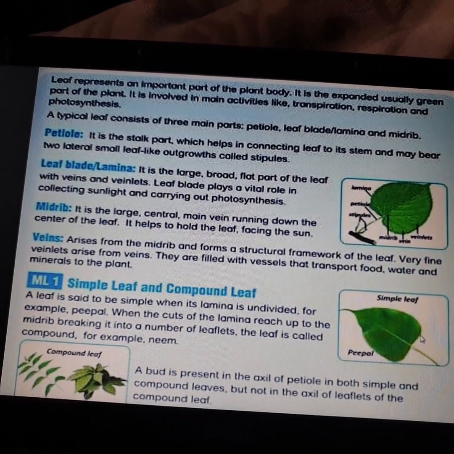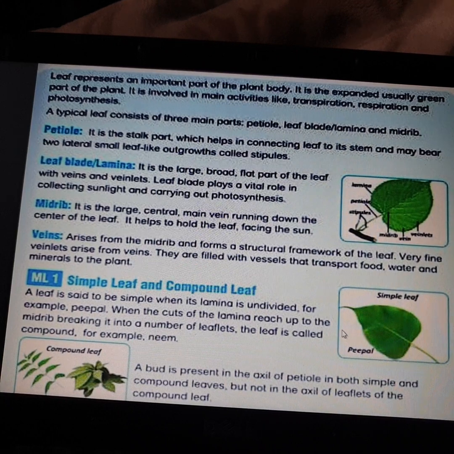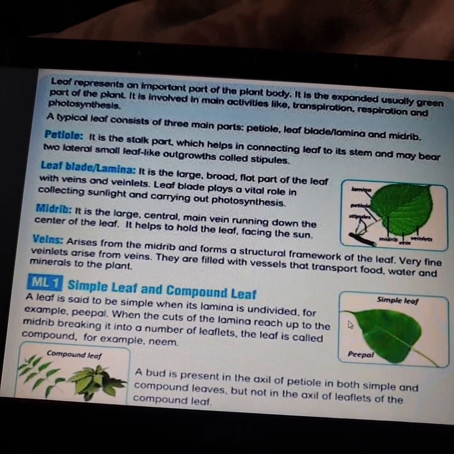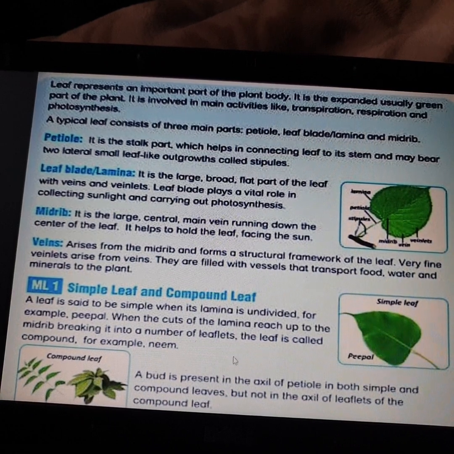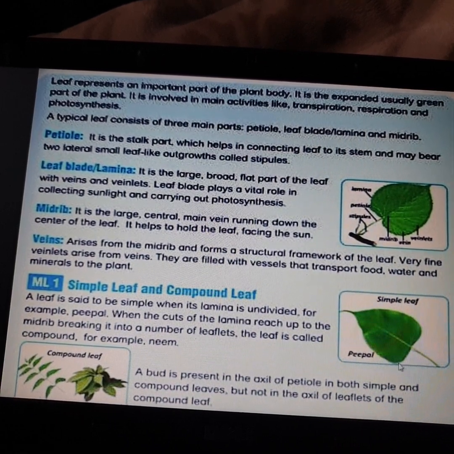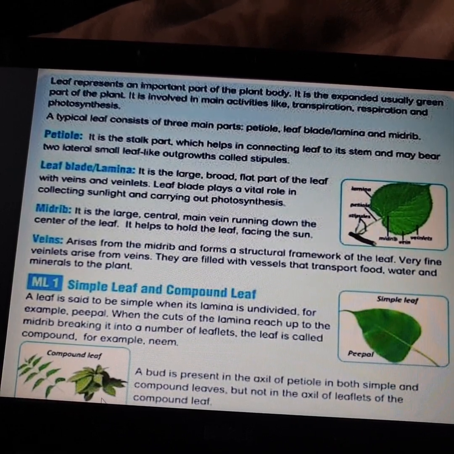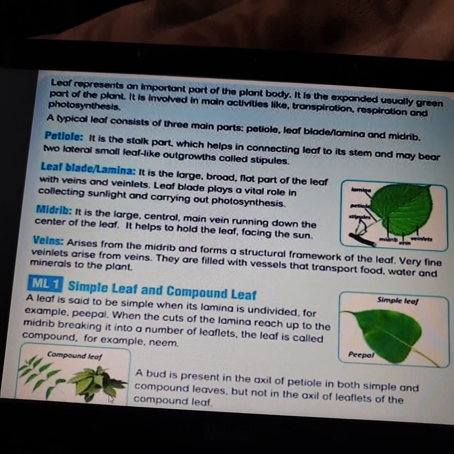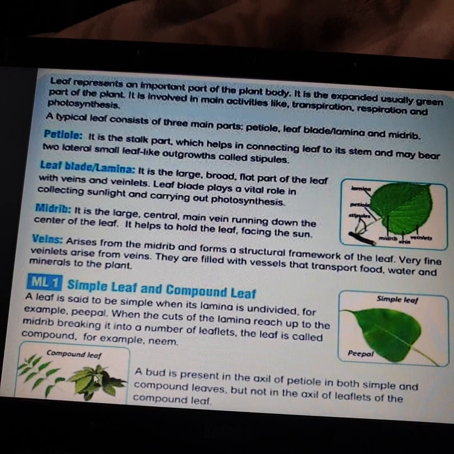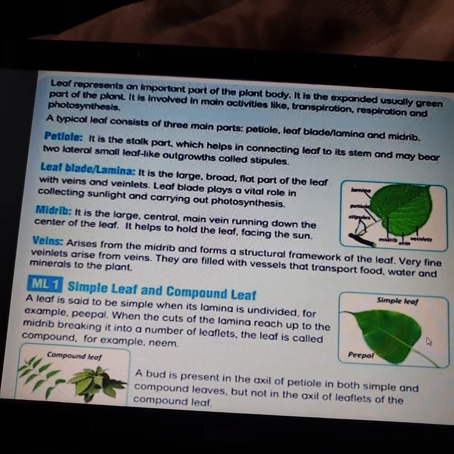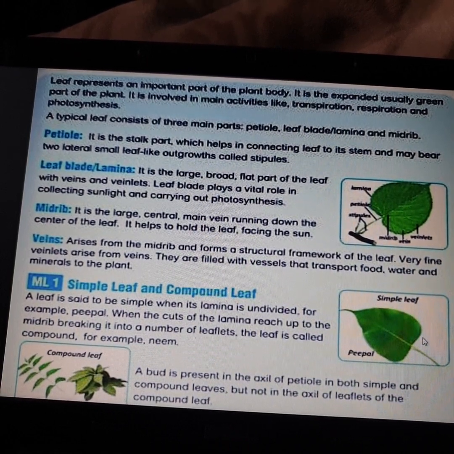So, this peepal leaf you can see in many places. Even the neem, like the people who are staying in the villages, they may get a large number of trees near their houses. So these two leaves, neem as well as peepal, are examples of compound leaf and simple leaf.